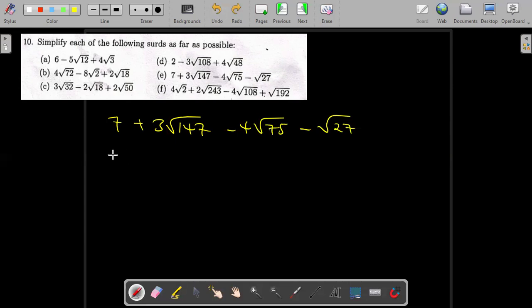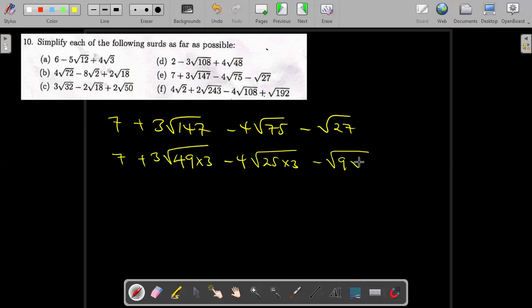So here, 147. So we can write the 7 there plus 3. Notice that when you divide by 3, you just get 49. Then that means you can write 49 by 3, 49 which is a perfect square. Then you have 4. Then there as well, you can multiply 25 by 3. Then you have there multiplying 9 by 3.